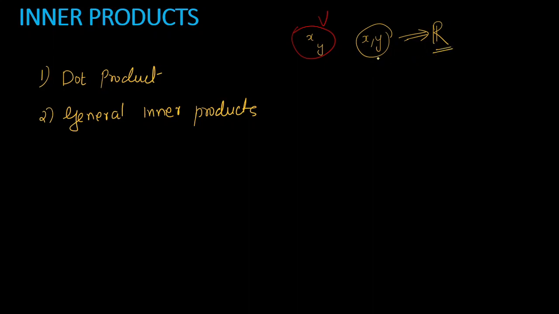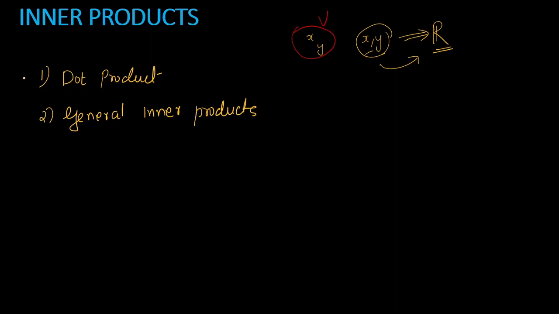The inner product always gives a real number corresponding to two vectors. That is what an inner product is, and there are some more properties to be satisfied by this mapping function, which we can see later in this session. When we talk about inner products, there can be two kinds.